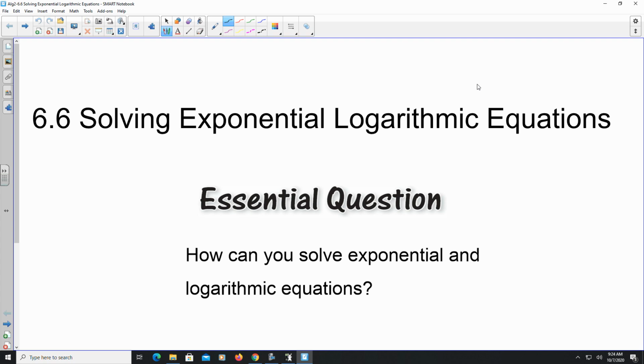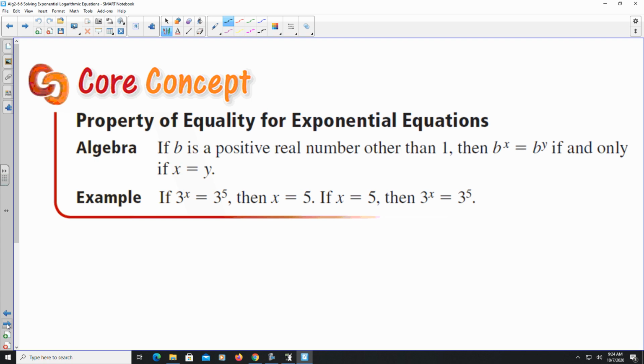But another thing that you can do, especially when it comes to exponential equations. Exponential equations is simply when you have a variable you're trying to solve in the exponent.